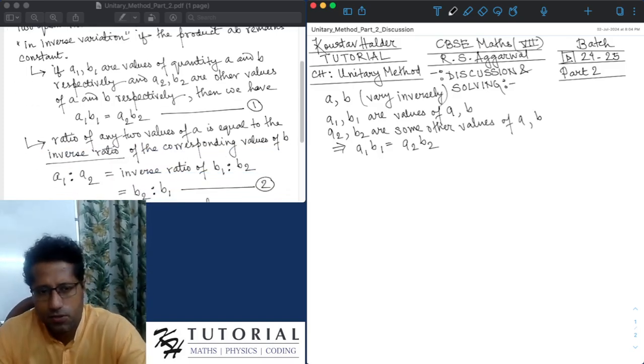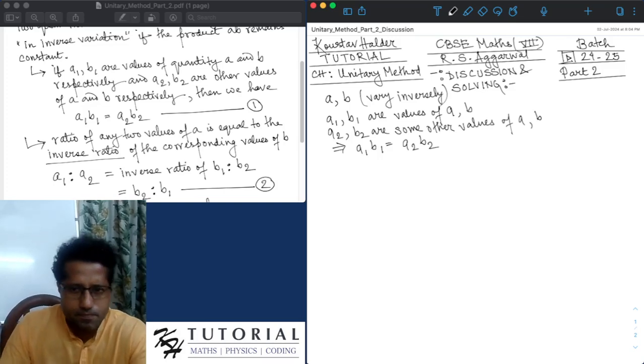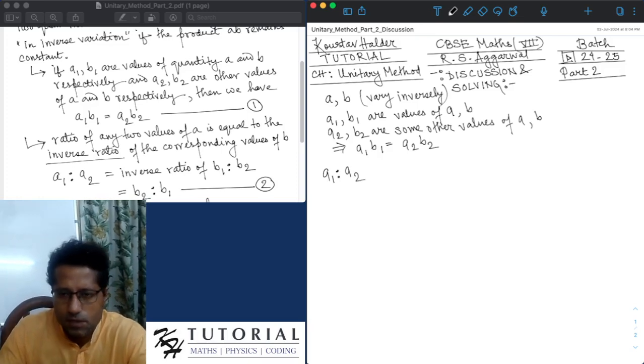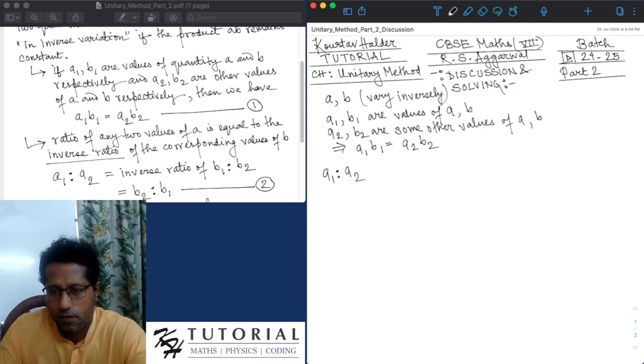It says that the ratio of any two values of quantity A is equal to the inverse ratio of the corresponding values of quantity B. A1 and A2 are two values of quantity A, and B1 and B2 are the corresponding values of quantity B. The ratio of the values of A is A1 is to A2, and the ratio of the values of B is B1 is to B2.